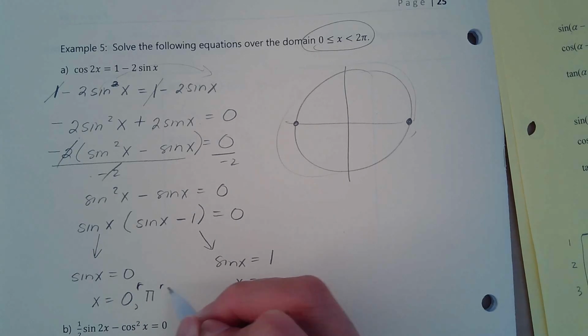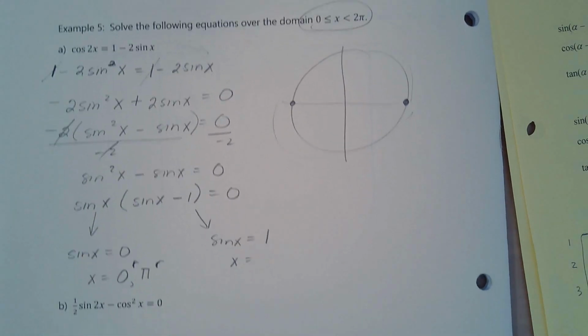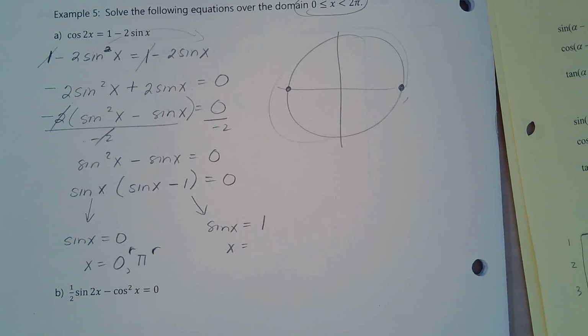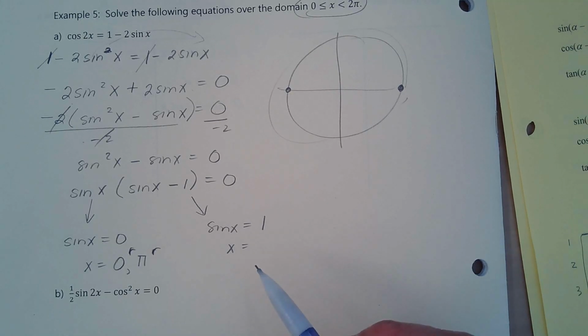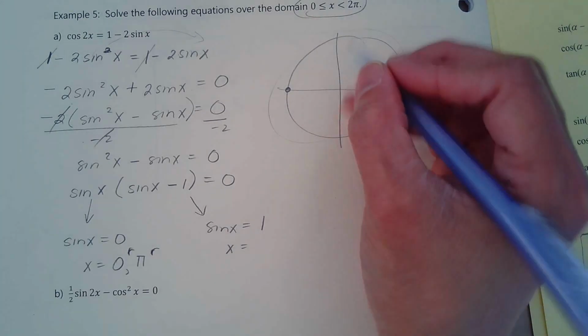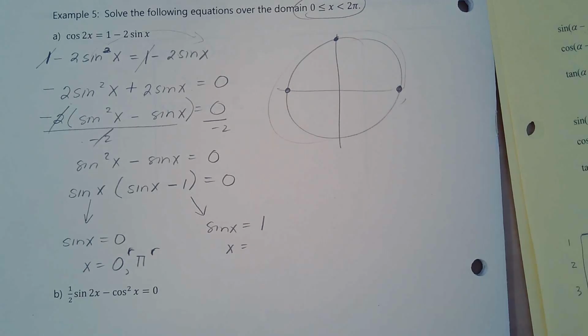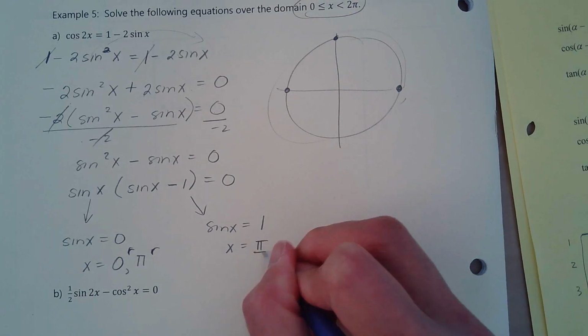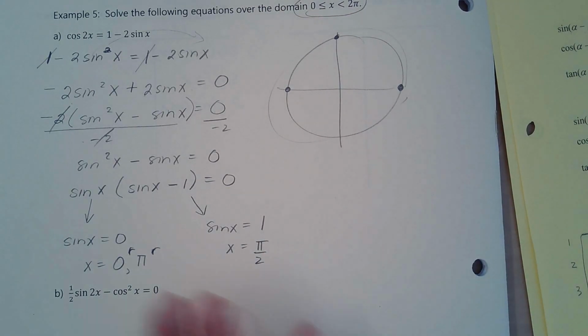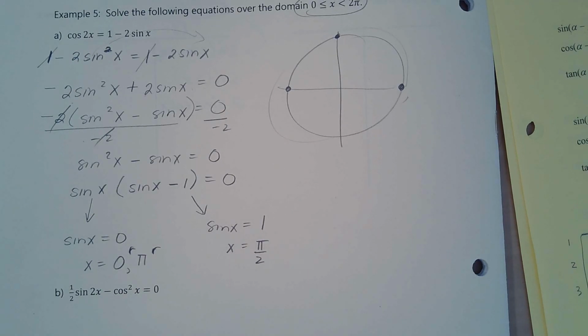And then what's the last one? Sine of x is 1. It's going to be up there. It's going to be pi half. And these are the only three solutions that we have.